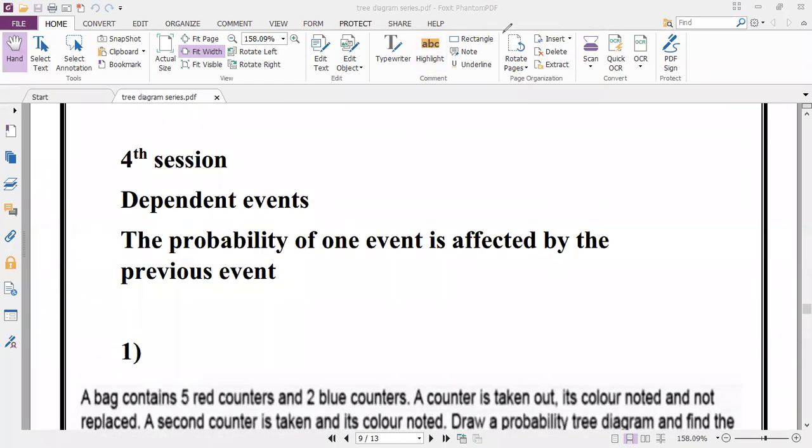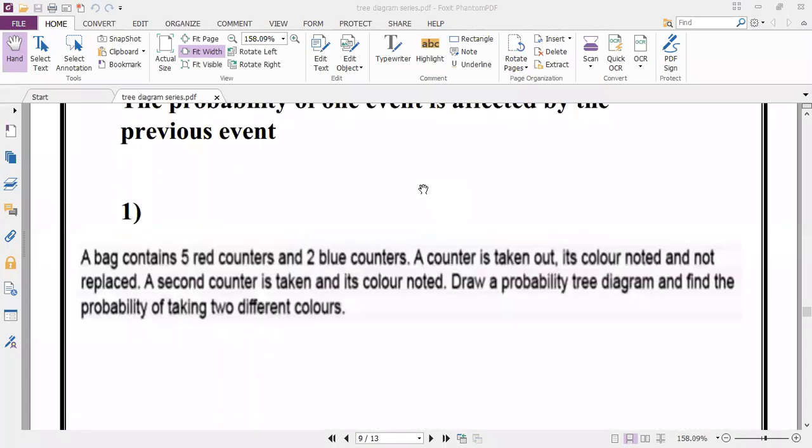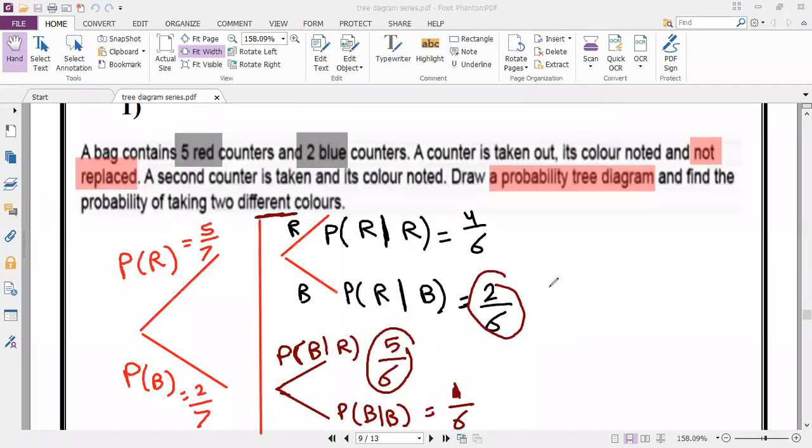Let's go back. So, what is the probability, Mustafa, of getting 2 different colors?